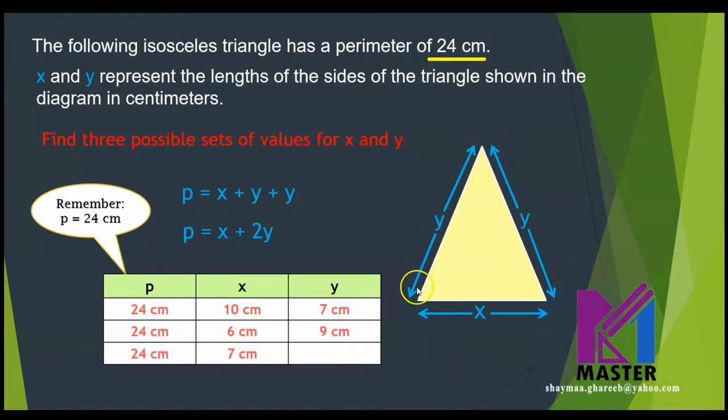So the two sides together, y and y, equal 17. So each one is half 17. Half 17 is 8.5 centimeters. You can try to find more possible sets for the values for x and y for this example. Okay?